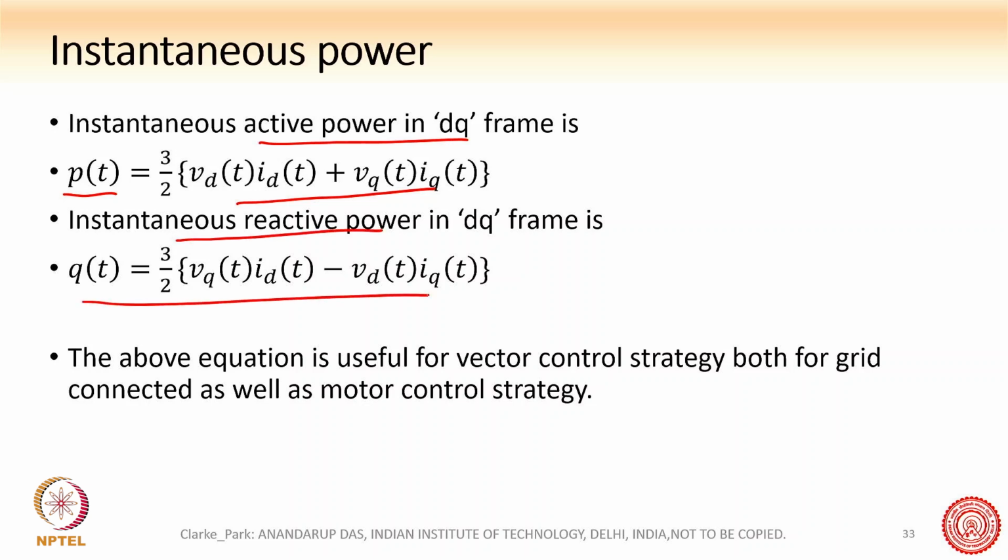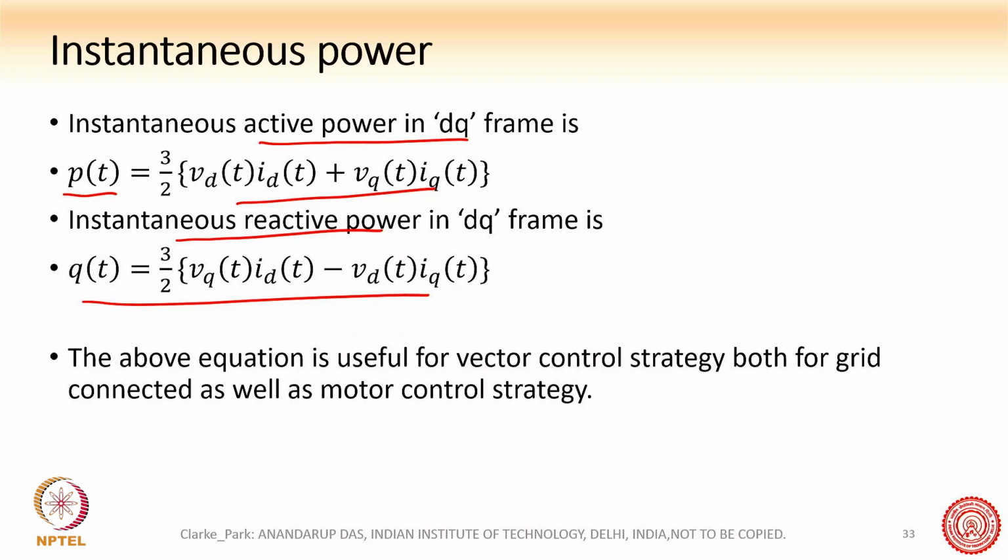These equations are useful for vector control strategy, both for grid connected as well as motor control strategy. What is vector control? It is that we actually control the active and reactive power orthogonally, in such a way that they don't affect each other.